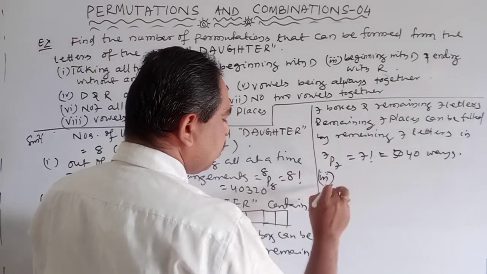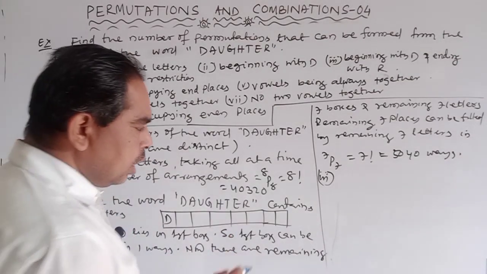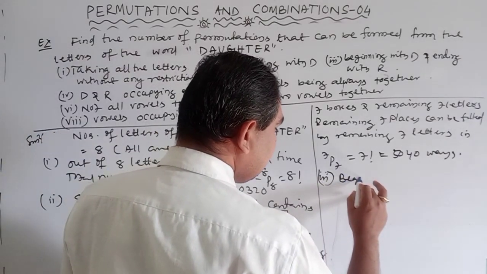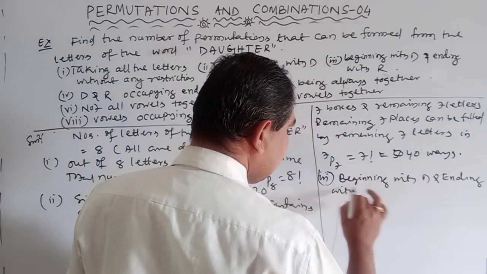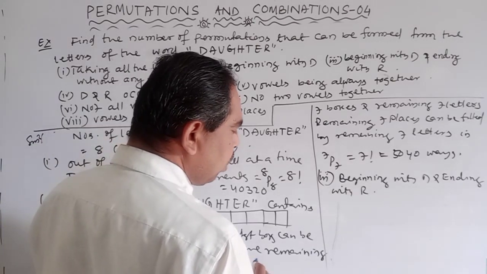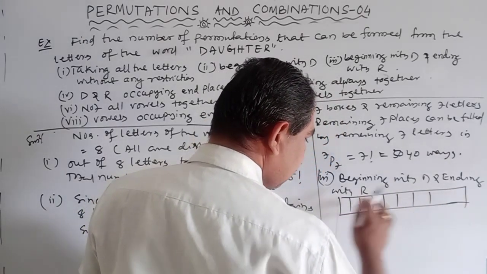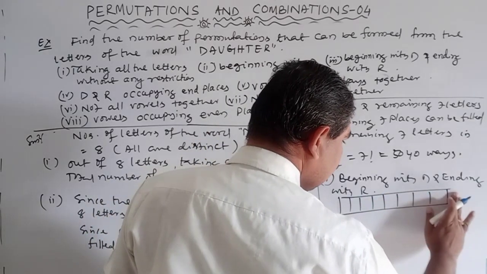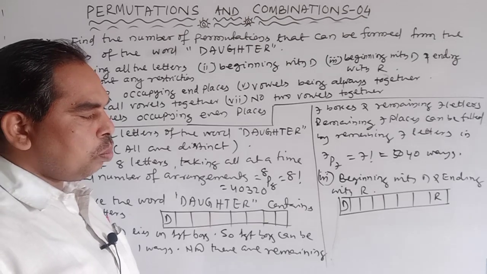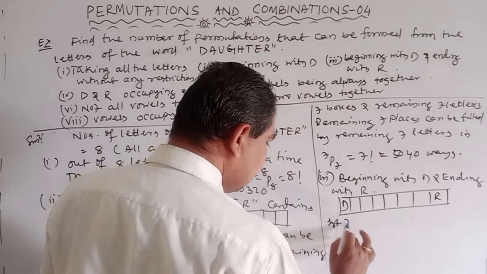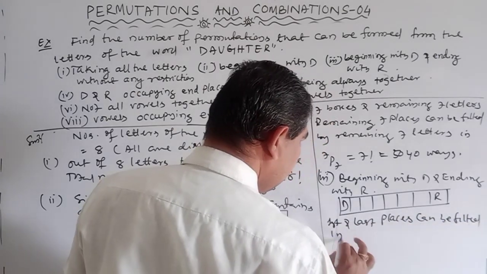Next, question number 3: beginning with D and ending with R. So the first box and last box are already filled, in one way. Therefore, the first and last places can be filled in one way. Here we have 8 boxes.